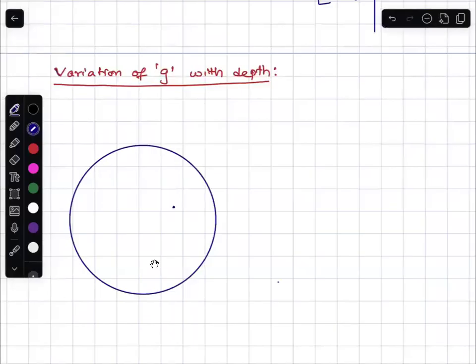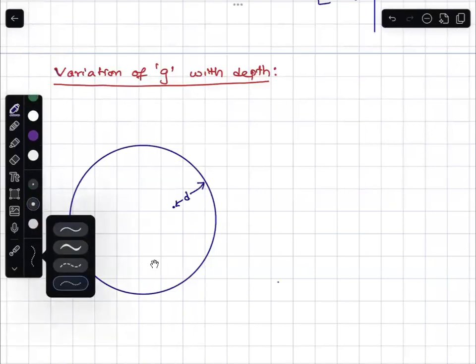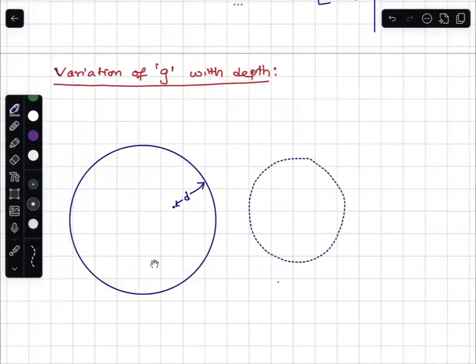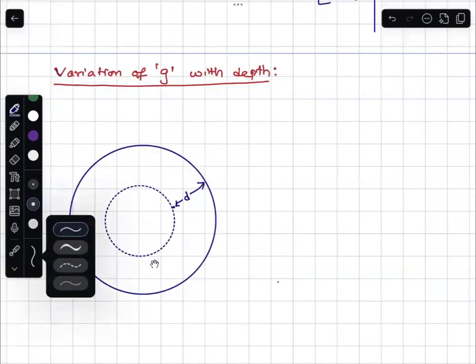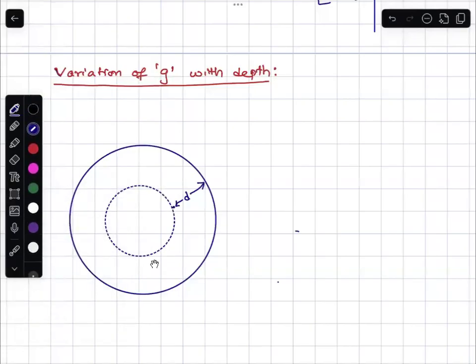Now you are at some point which is at a depth D. Now this is your Earth, and this is R, and this is some distance small r. Clearly, small r is R minus D.